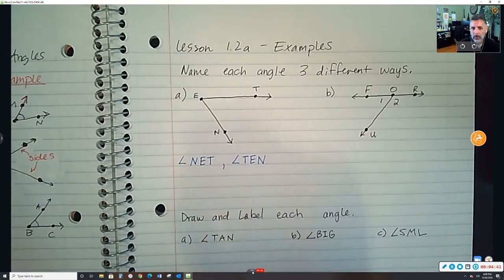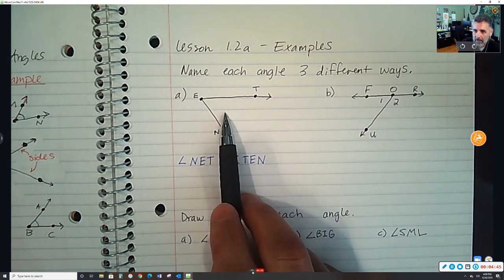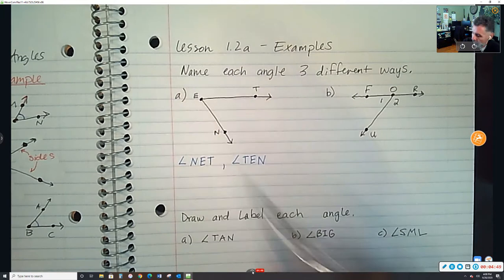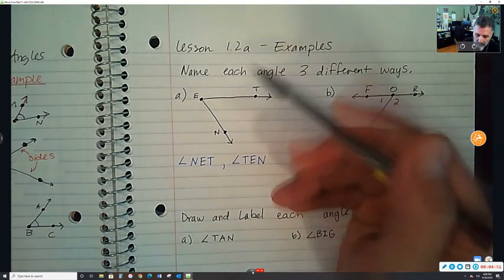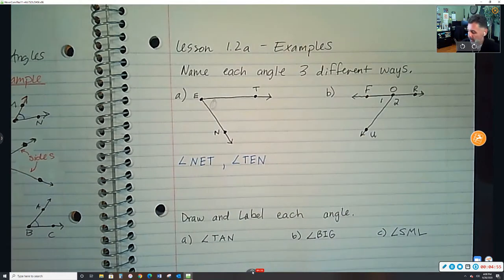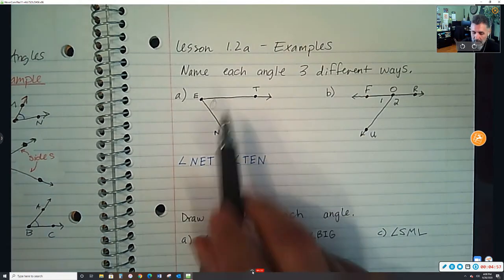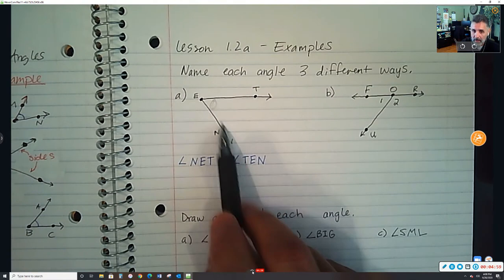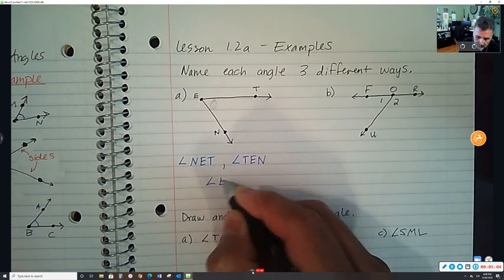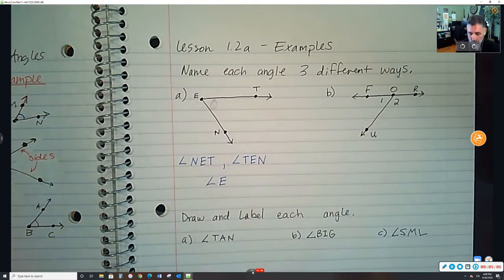Now again, if the angle is by itself like this, or if we had something inside here, we can use even an easier name. Now we don't have something in here, but this angle is by itself, so I could call it just angle E. Okay?